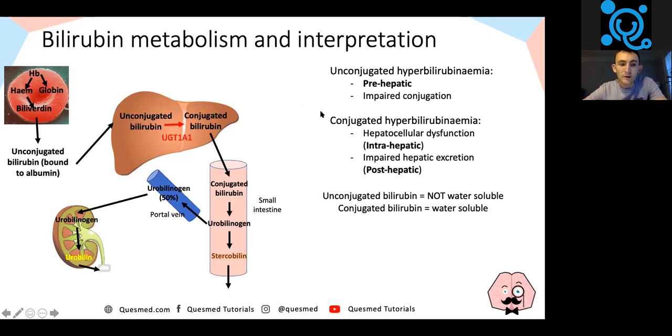So in prehepatic jaundice, you won't get a change in the colour of the urine because unconjugated bilirubin is not water soluble, so it isn't excreted by the kidneys. So the urine doesn't go dark because of the bilirubin, and it doesn't change the colour of the stool because you still get the conjugation and you still get urobilinogen and you still get the stercobilin in hemolysis.